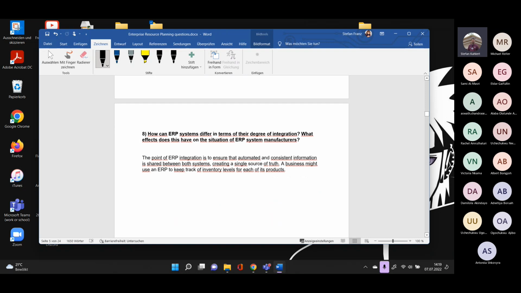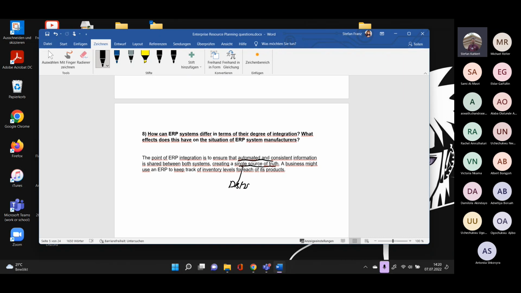So how can they differ on the integration level? What does this have on the situation of ERP system manufacturers? Automated, consistent information is crucial, right? Between systems, and by far the most important thing, you need a single source of truth, which you have in a database management system.